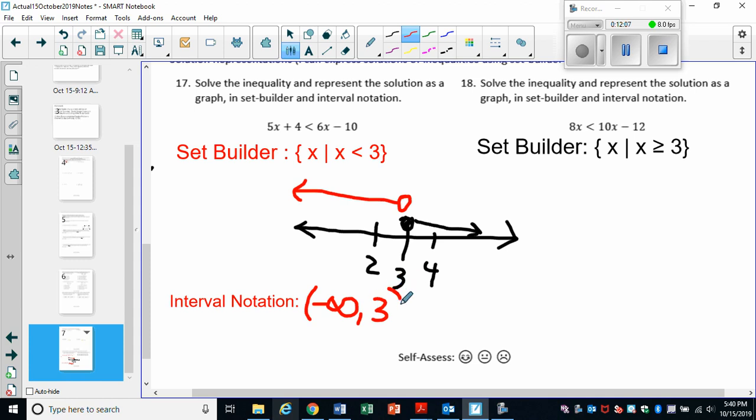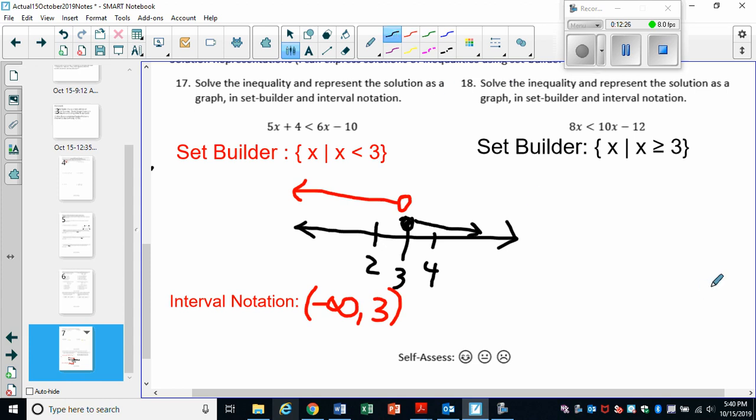In your interval notation, parentheses, the arrow goes to the left, negative infinity, and again, parentheses. Since it's an open circle, you use parentheses and the number 3.